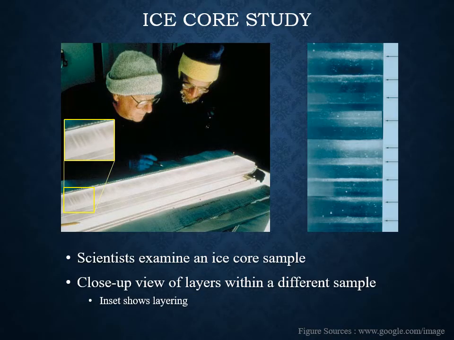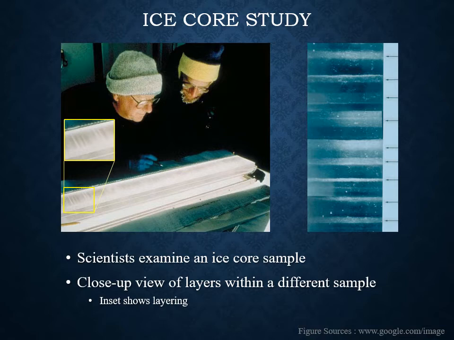Now, when scientists study these ice cores, they find that the ice cores have alternating light and dark layers. These alternating light and dark layers are sometimes visible to the naked eye, and sometimes, to identify this layering, scientists have to do some detailed study at finer resolution, maybe with the help of X-ray or a high resolution microscope.